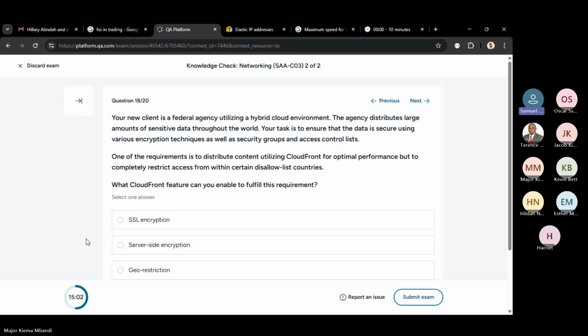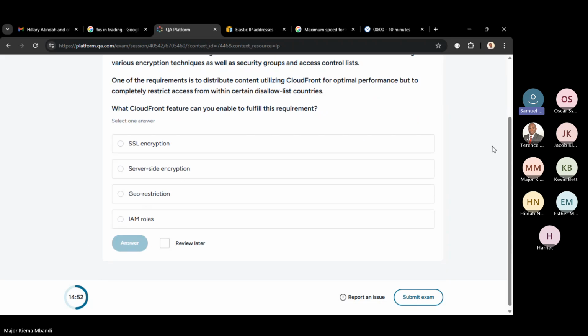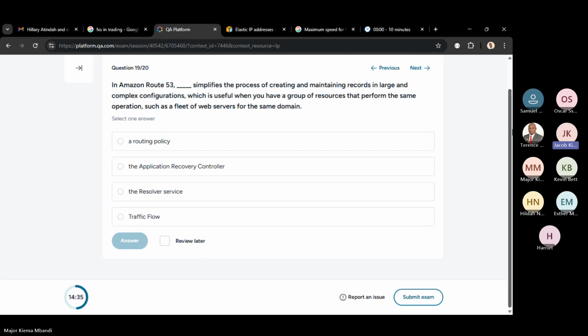What CloudFront feature can you enable to fulfill this requirement? A. SSL encryption. B. Server-side encryption. C. Geo restriction. D. IAM role. I will go with geo restriction. Thank you, Samuel. Next question will be taken up by Harriet.